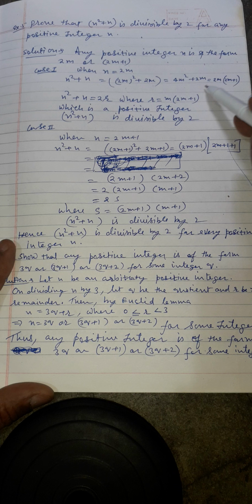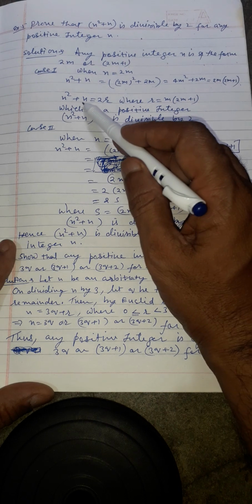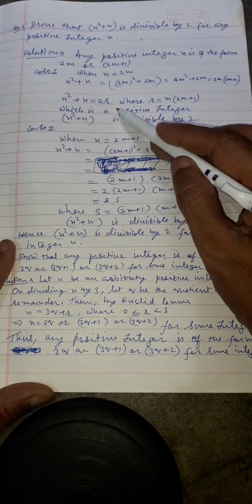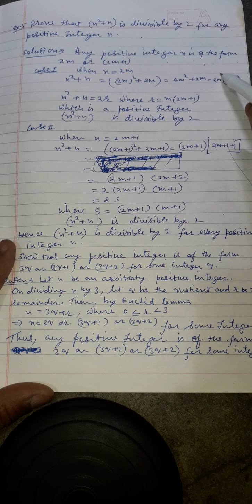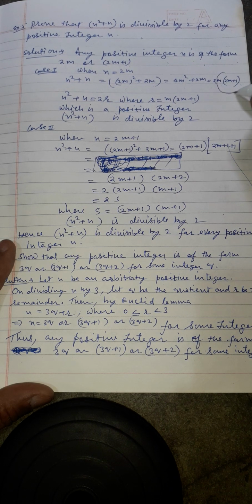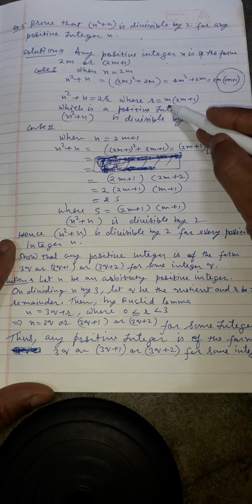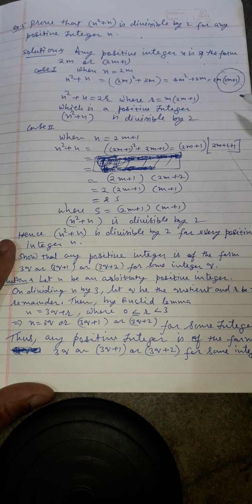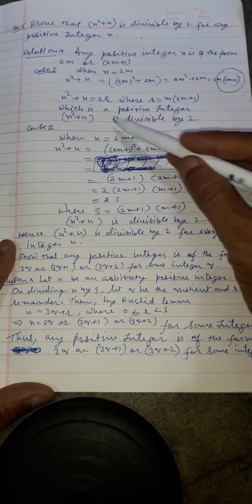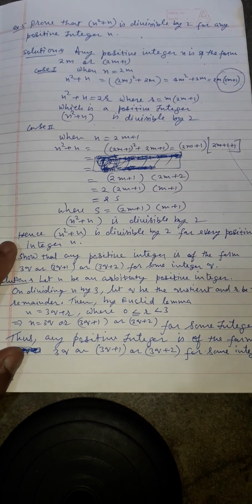We take 2m common, then it is 2m into (2m plus 1). n square plus n is equal to 2r. What is r? This complete number, m into (2m plus 1), is r. It is a positive integer. So n square plus n is divisible by 2.